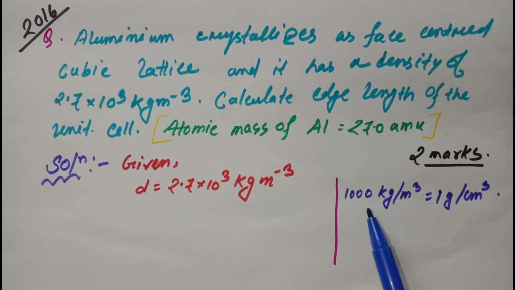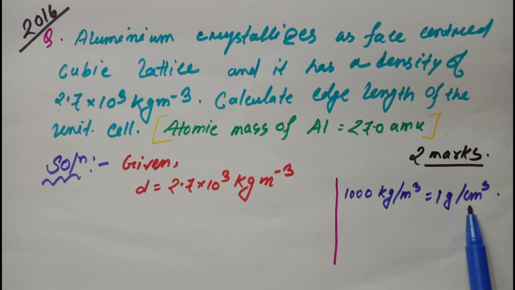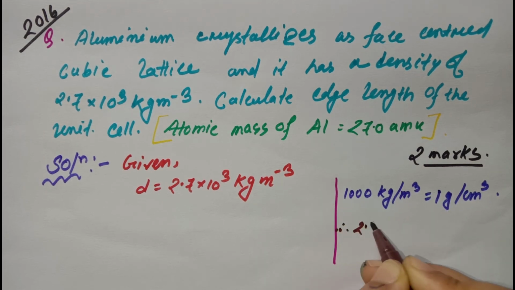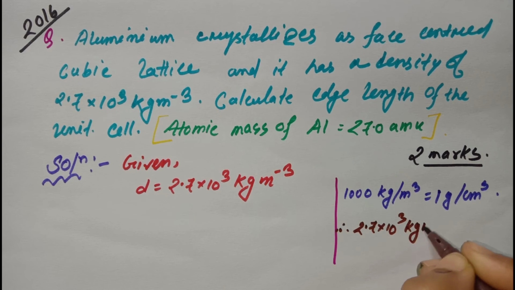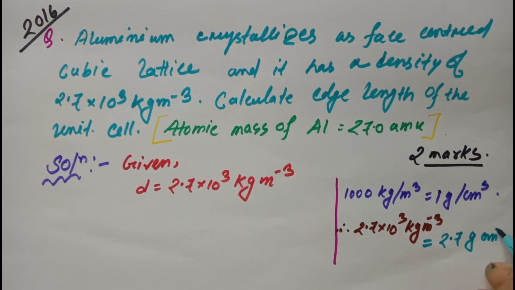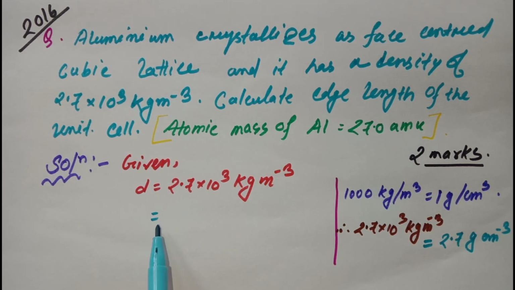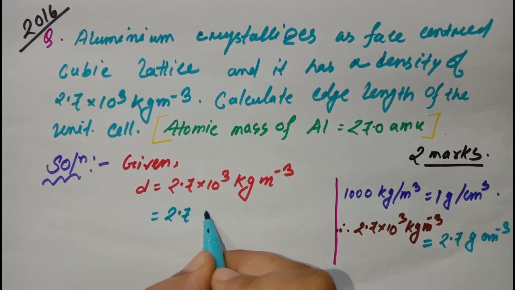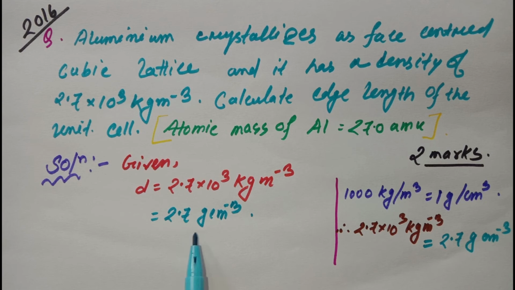We know that 1000 kilogram per meter cube is equal to 1 gram per centimeter cube. That is equal to 2.7 gram per centimeter cube.